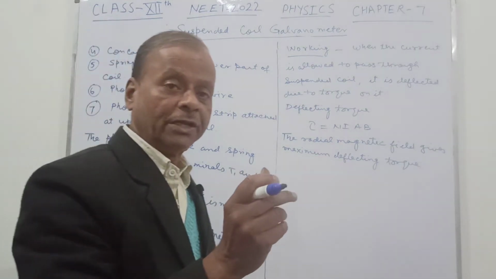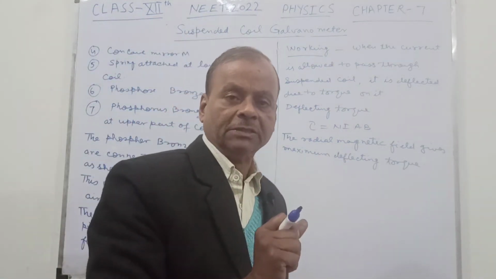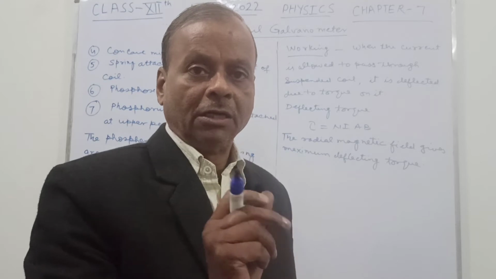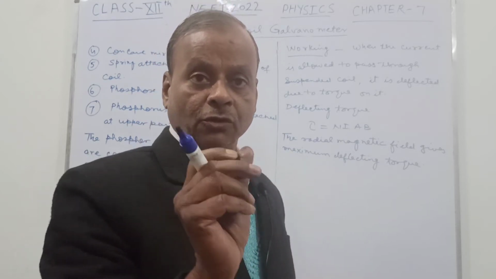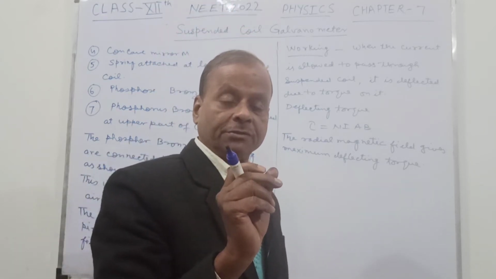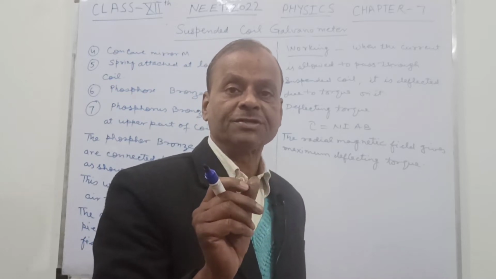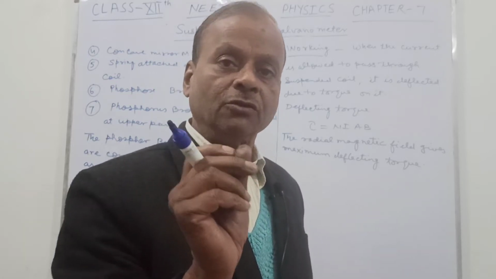Now when the coil is deflected, then a torsion couple is produced in the spring that opposes the motion of the coil.